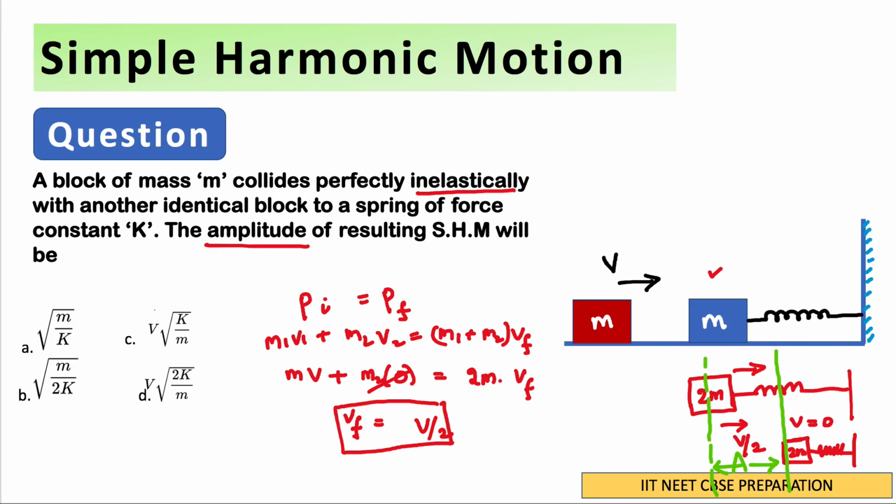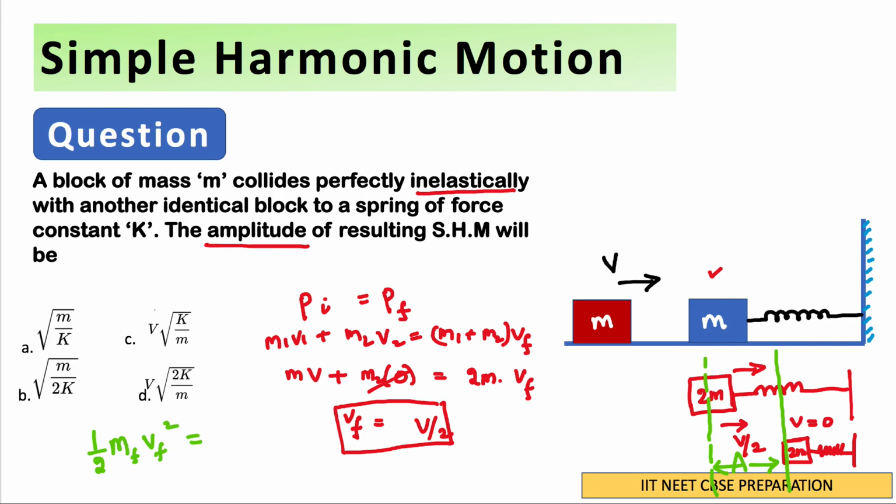Now what we need to do is find out this amplitude. We know that at this point the block will acquire the kinetic energy, half m v final square.